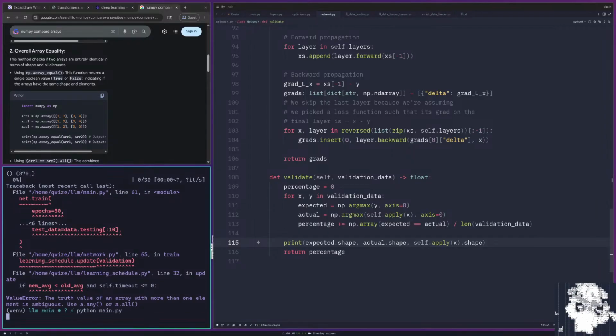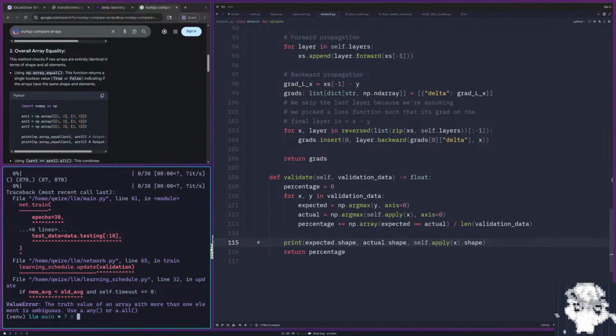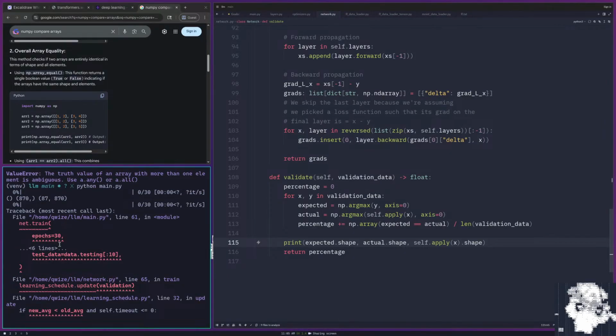The thing that it's argmaxing, what does that look like? It's 87 by 870. Well, it shouldn't be by 870. That doesn't make sense.